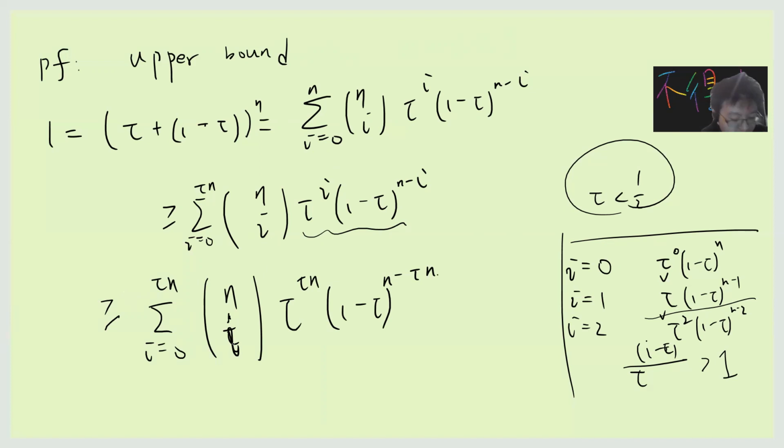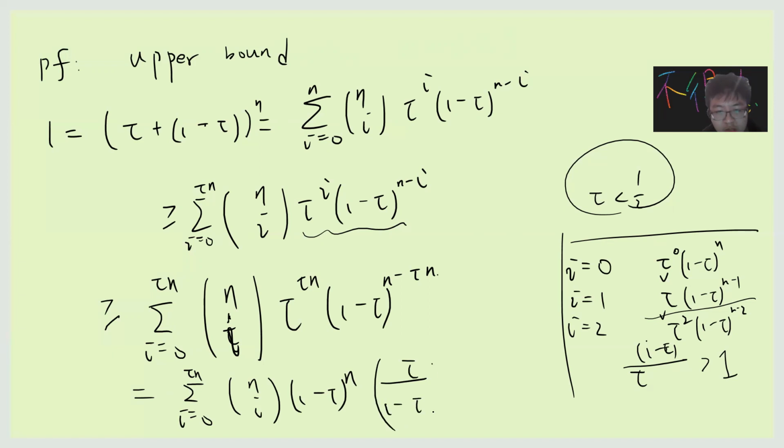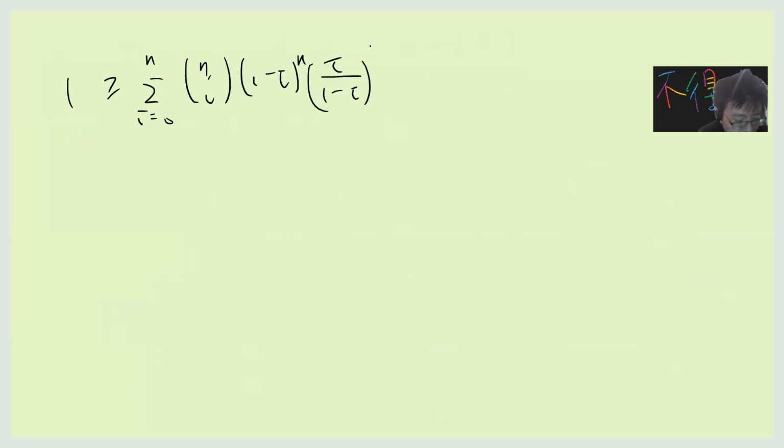A very simple exercise is to write this as the summation over i from 0 to tau n of n choose i (1 minus tau)^n times tau divided by (1 minus tau) to the tau n, which means that 1 is greater or equal to the summation over i from 0 to tau n of n choose i (1 minus tau)^(n minus tau n) tau^(tau n).